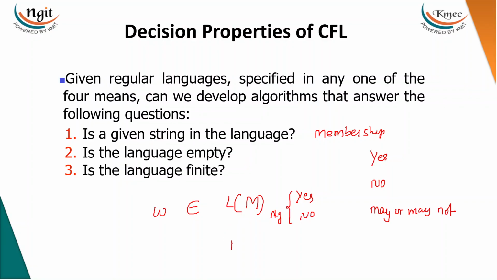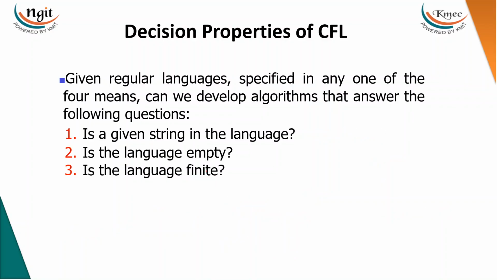We have a PDA M, and every machine accepts a language. Is the number of strings accepted by this PDA zero? Is it decidable? Similarly, every PDA or machine represents some language. Is the number of strings in this language less than or equal to some value? That is called finiteness. Not only that, there are infiniteness, completeness, equality, so we have so many other decidable properties.